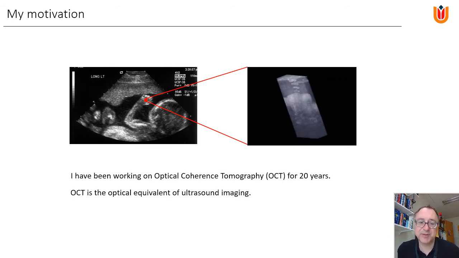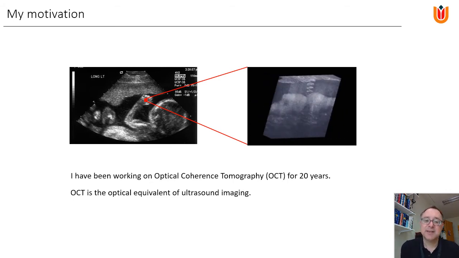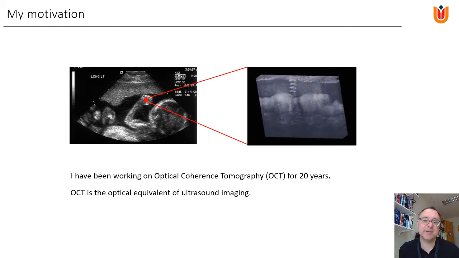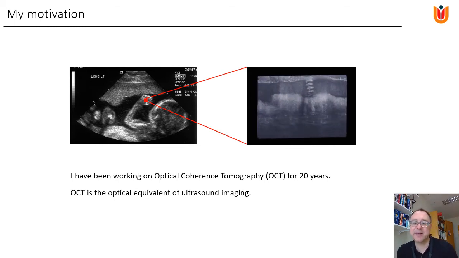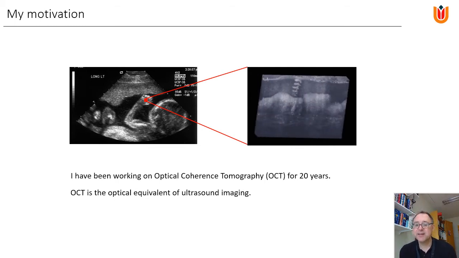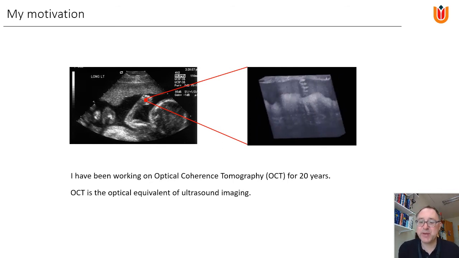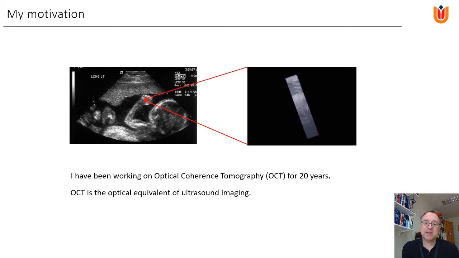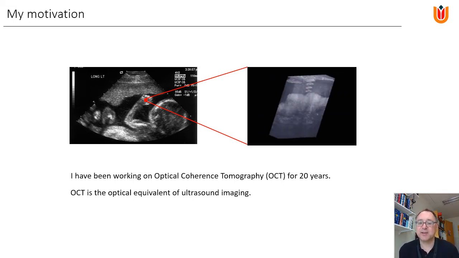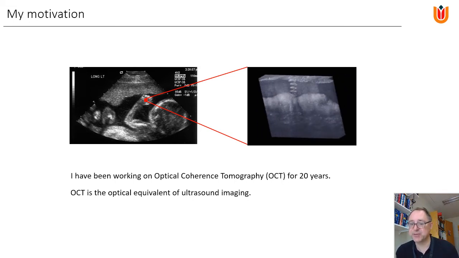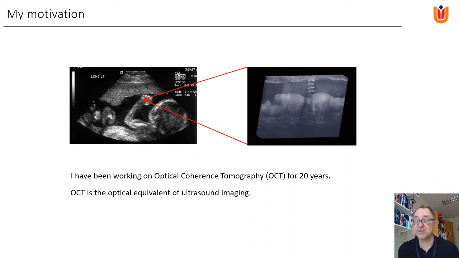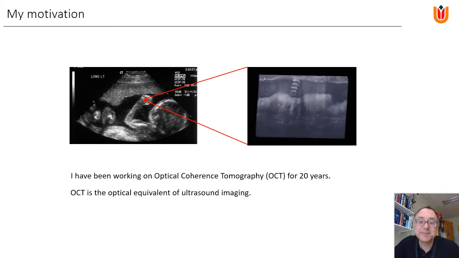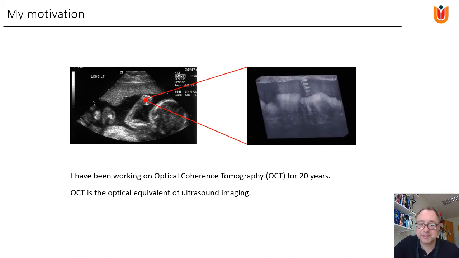If you would zoom in on the hand of the baby in the left-hand picture, you would get the picture on the right-hand side, which looks into the skin of that baby using OCT. You can recognize here a spiral structure that represents a sweat gland in the OCT image.